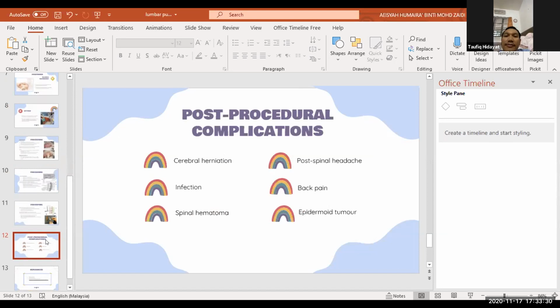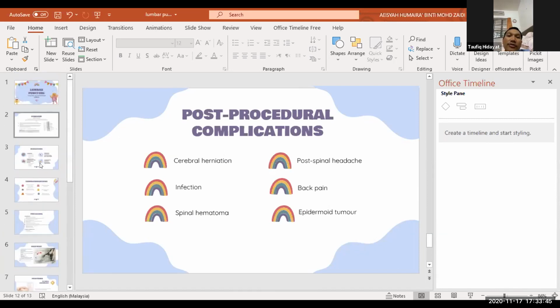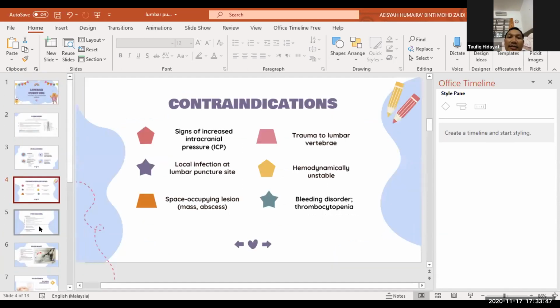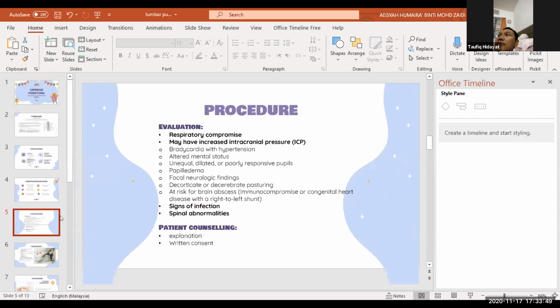The indication is usually to diagnose meningitis, an infection. Contraindication, of course, is if ICP is increased. So how do you know? Simply, how do you know there is very high ICP? Papilledema.